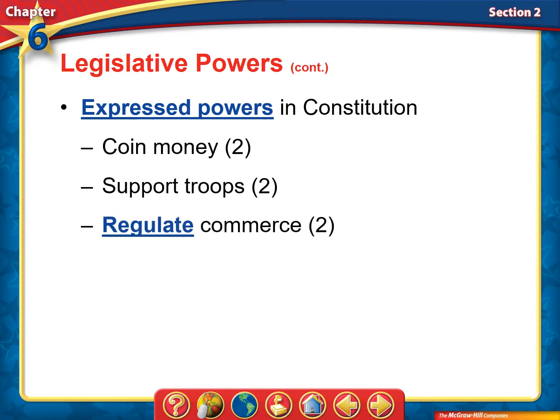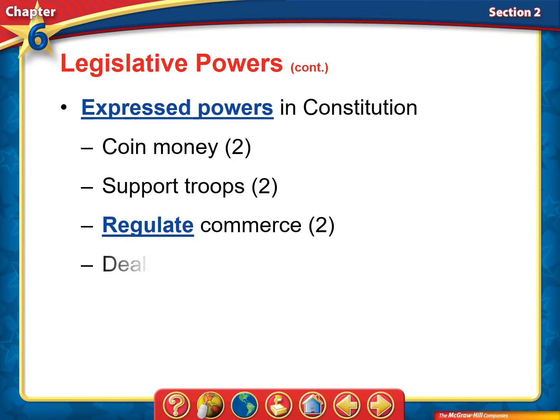They also regulate commerce. And that means they govern the commercial activities in our country. They oversee free trade. But wait, that's socialism? Well, that's what Congress does. They oversee trade to make sure that it happens properly.